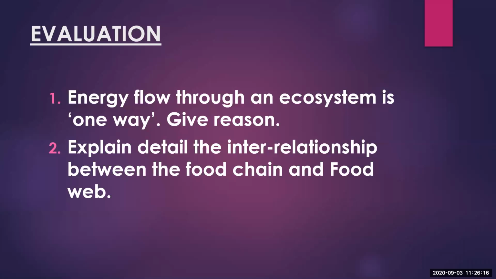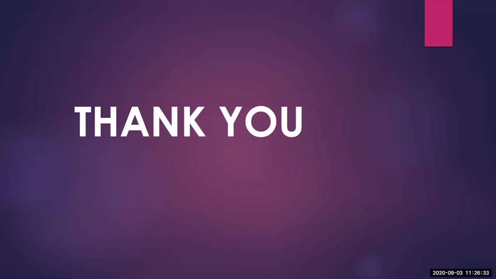Means one organism is eaten and is a food for many other organisms, so they will form many food chains, and these food chains are interconnected with each other to form the food web. So these are the two questions. Copy down or take the screenshot of it.